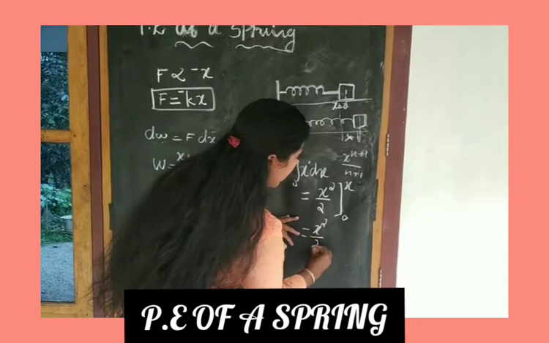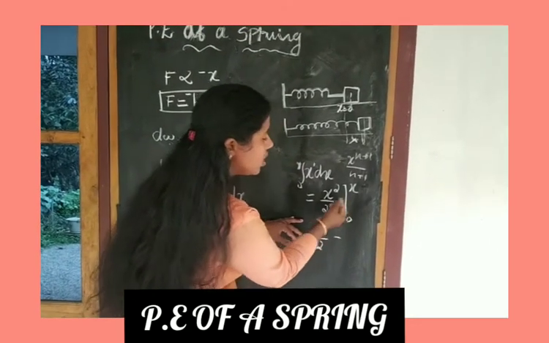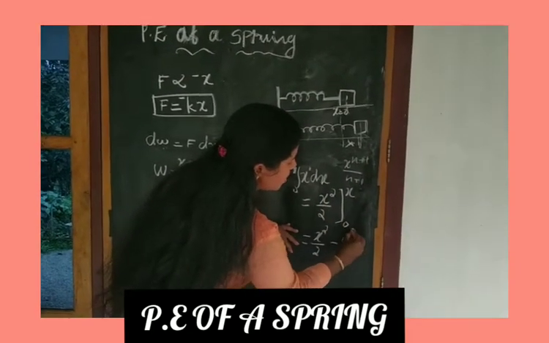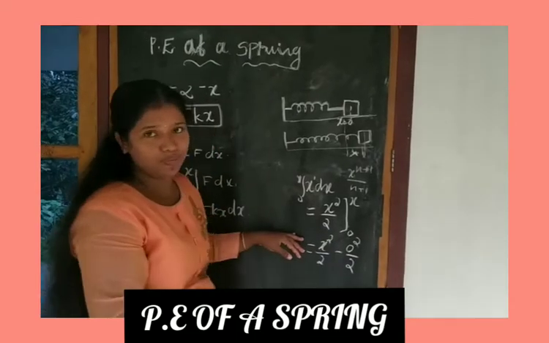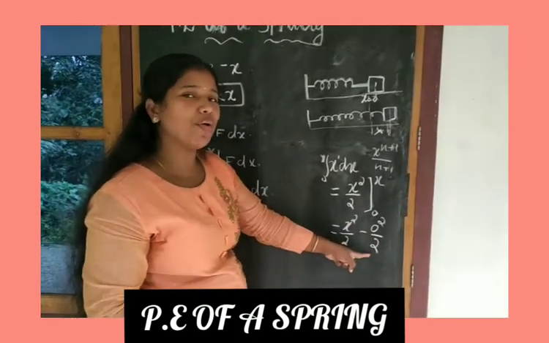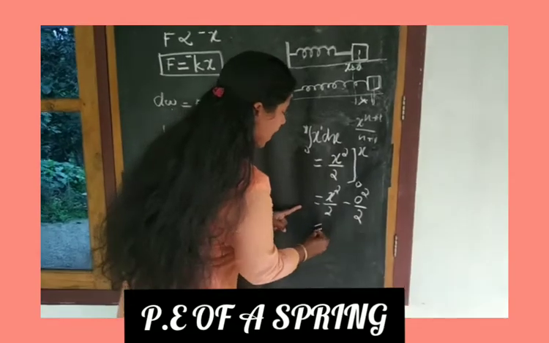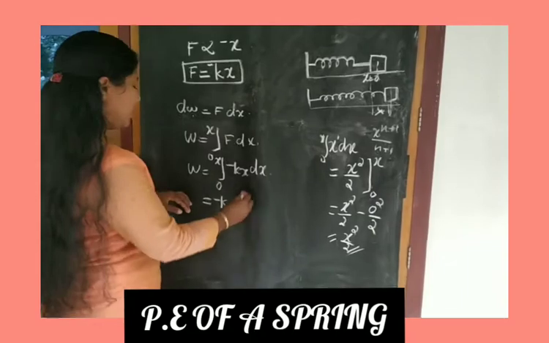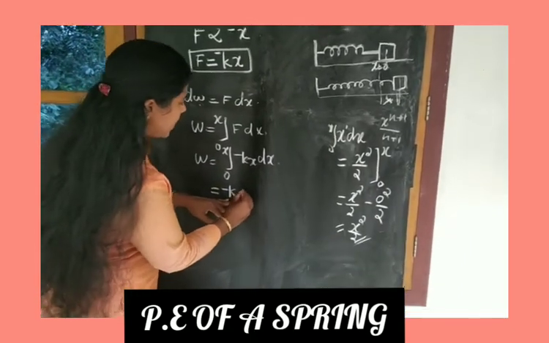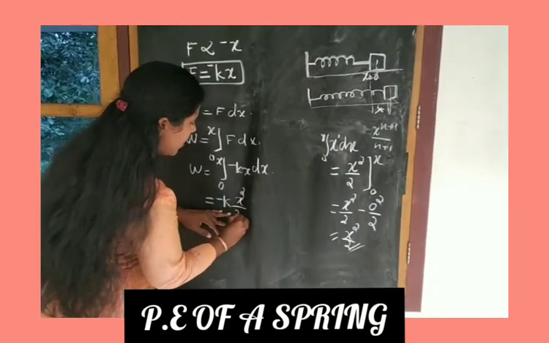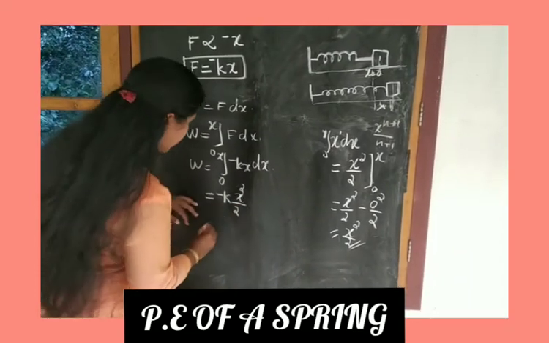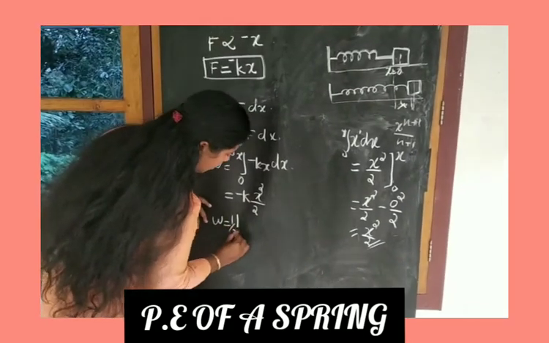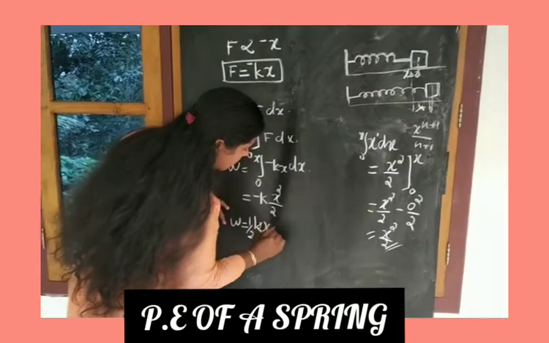Next, minus the lower limit: instead of x squared, we substitute 0 squared divided by 2, which is 0 only. So we get x squared divided by 2, and then minus k into x squared by 2. The answer is, minus we can avoid, half k x squared.